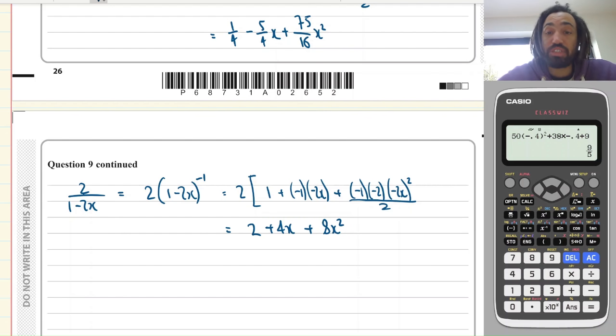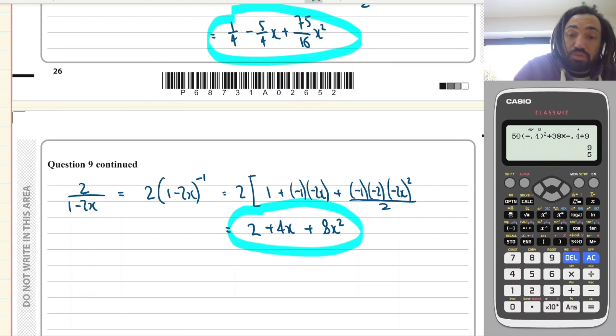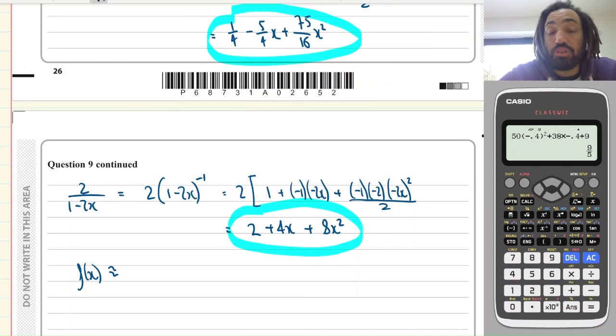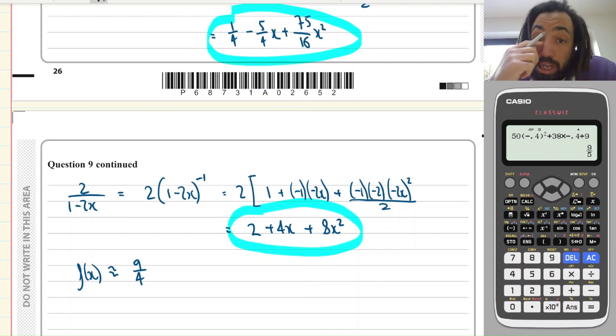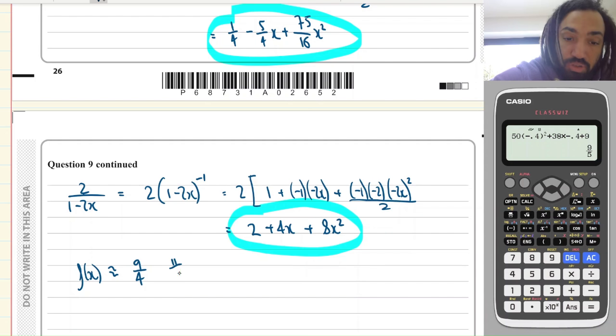And then all that's left to do is just to add these 2 together. So that's this one and that's this one. So I'm going to add the 2 together to get that the function is roughly equivalent to 2 plus a quarter is 9 over 4. 4 minus 5 over 4, well 4 is 16 over 4, so it's 11 over 4 x.